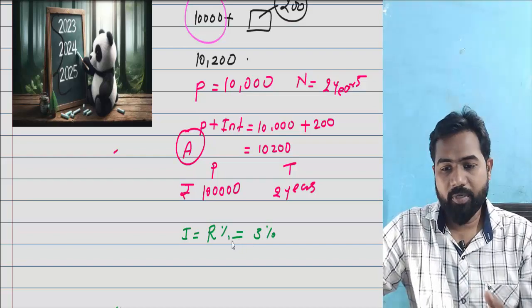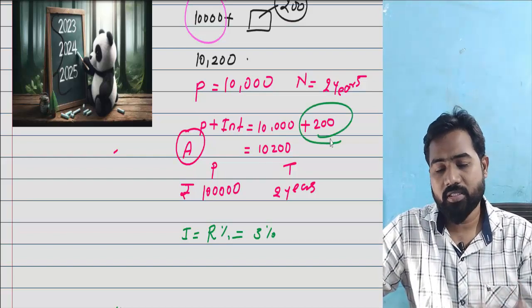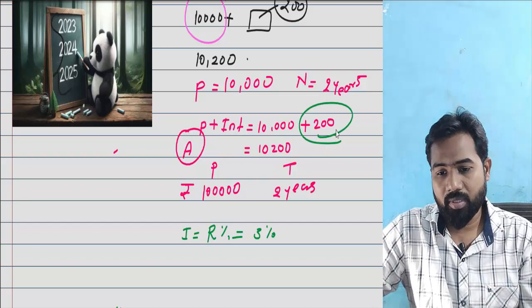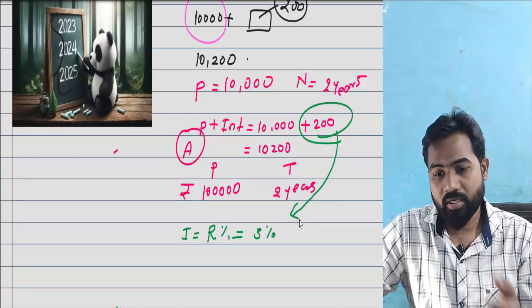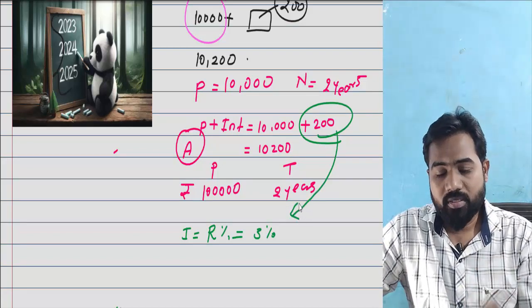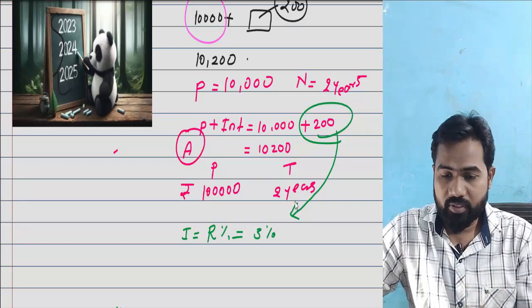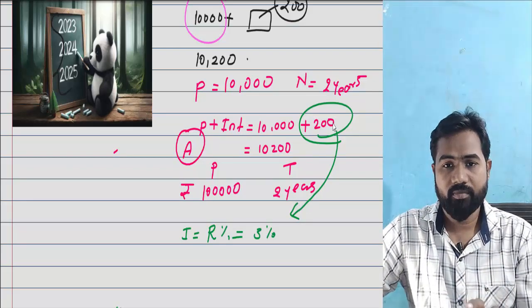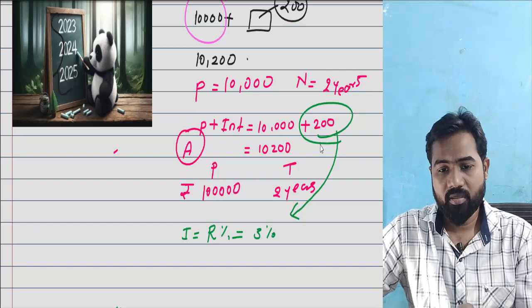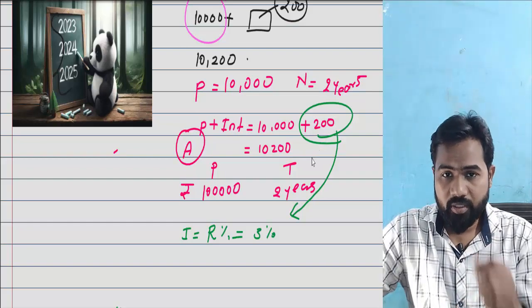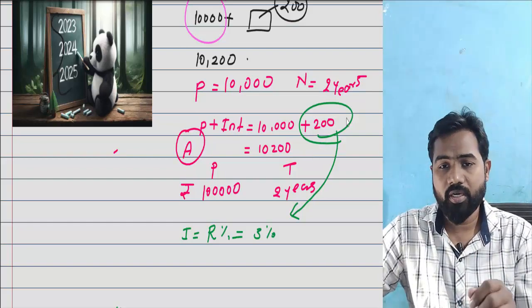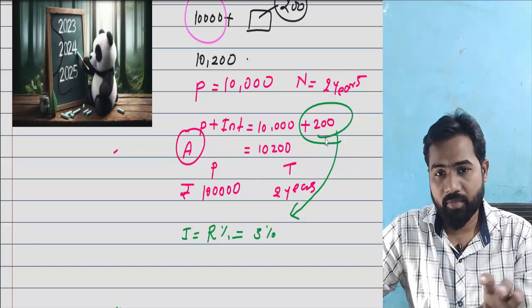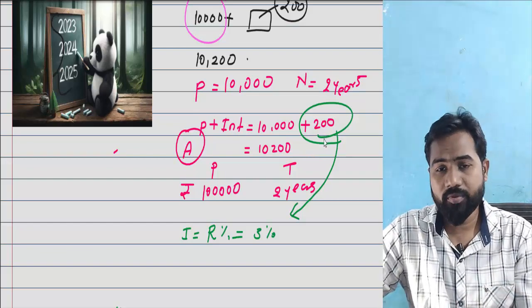Till now we have paid only 200. What is that 200? That is the extra amount. This extra amount is nothing but a certain rate, calculated so that on 10,000 we get 200. This rate is decided by the bank, not by you as a borrower.